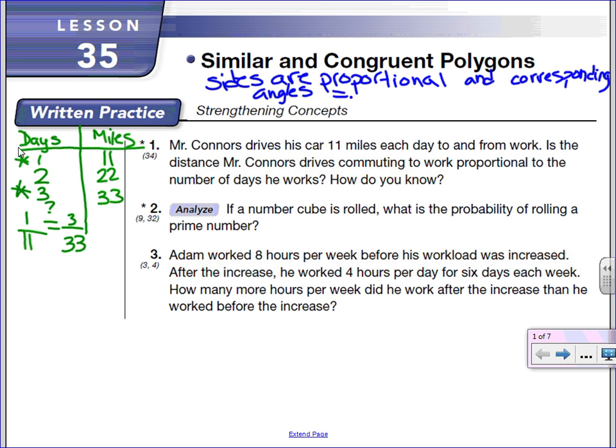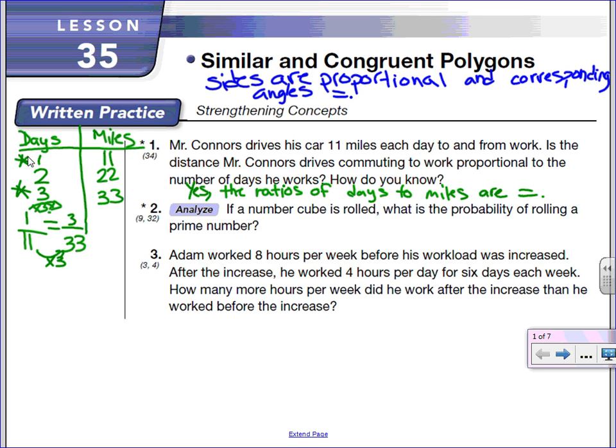If they are, then it's proportional. So 1 times 3 is 3, and 11 times 3 is 33. So since they're multiplied by the same number, they are proportional. So yes, the ratios of days to miles are equal.